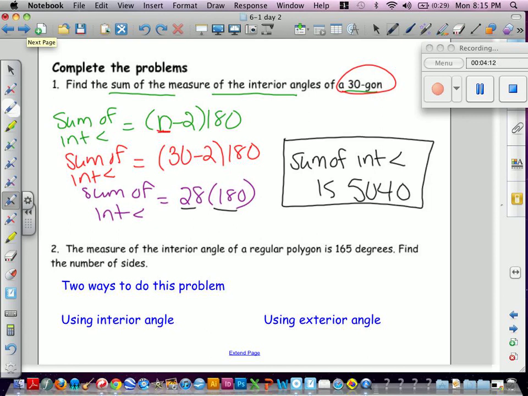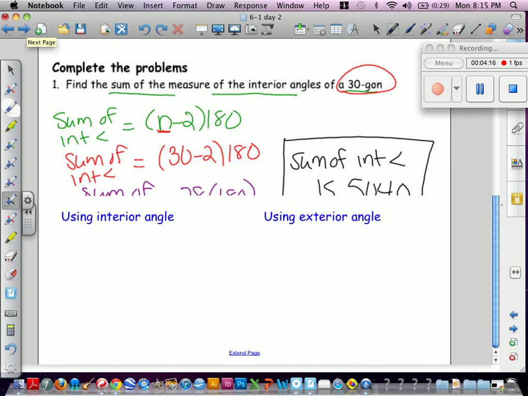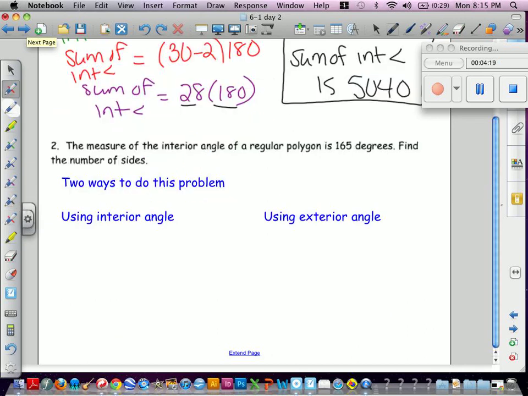The next problem I'm going to work on asks me to find the number of sides when the measure of the interior angle is 165. I have the interior angle, so I'm going to use the interior angle formula.